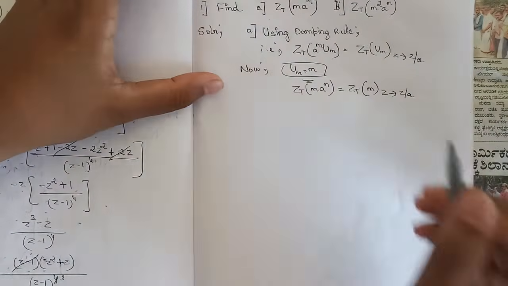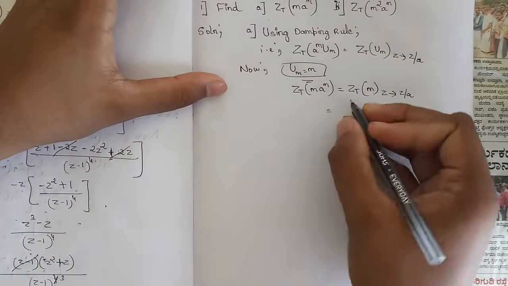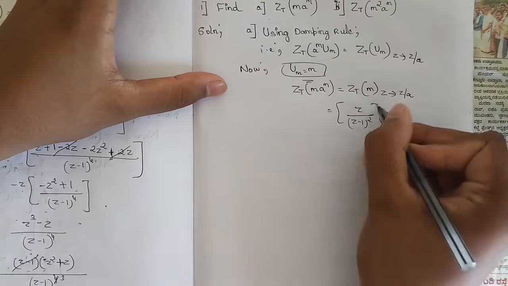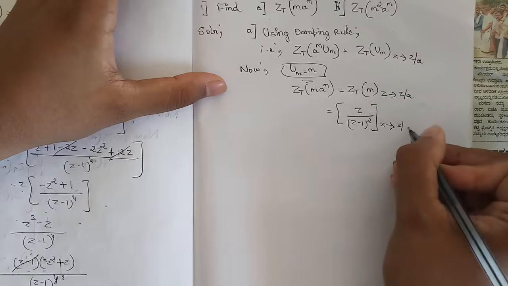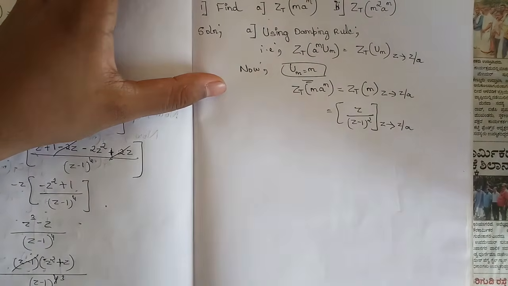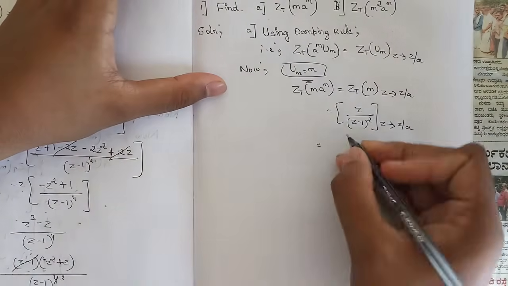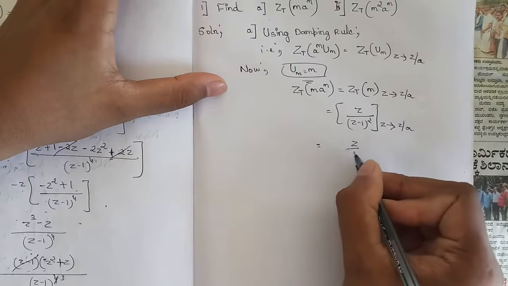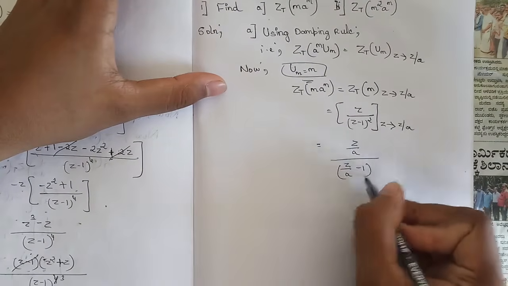We have also discussed the z transform of n. It is z divided by z minus 1 whole square. Now wherever there are z terms we need to replace them by z by a and simplify. So it becomes z by a divided by z by a minus 1 whole square.